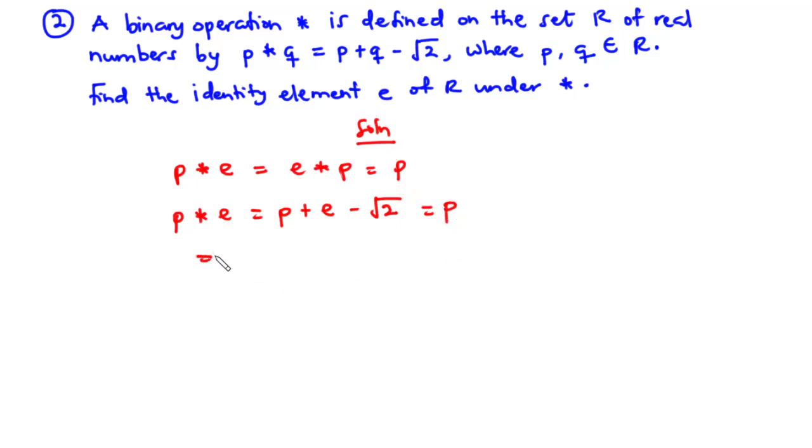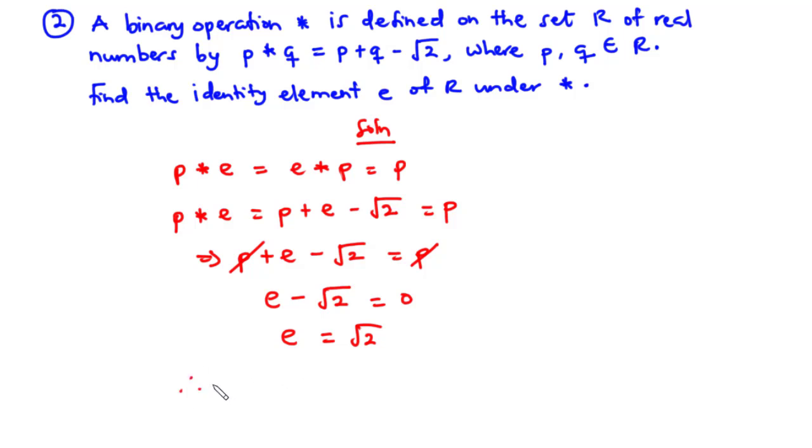So this becomes P plus E minus square root of 2 equals P. We have P on both sides, so we can cancel out P, and then we are left with E minus square root of 2 equals 0. So we transpose negative square root of 2 to the right hand side, so that we have E equals square root of 2.